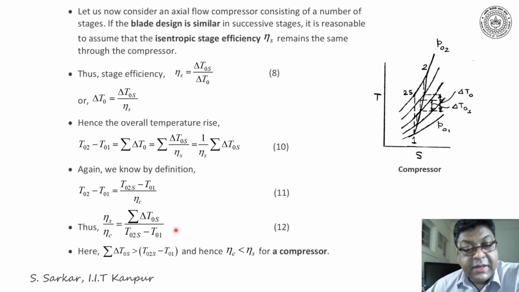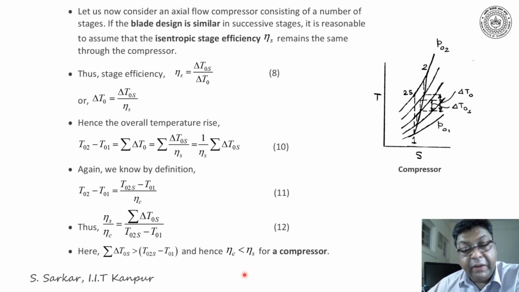Thus, I can definitely say sigma del T0S, that is the sum of all isentropic temperature rises through the stages, must be greater than T02S minus T01 for the compressor, and hence eta C is less than eta S for the compressor.